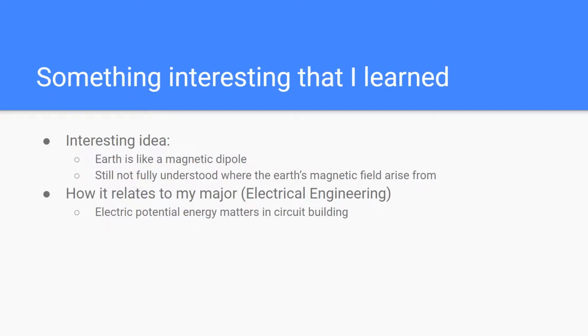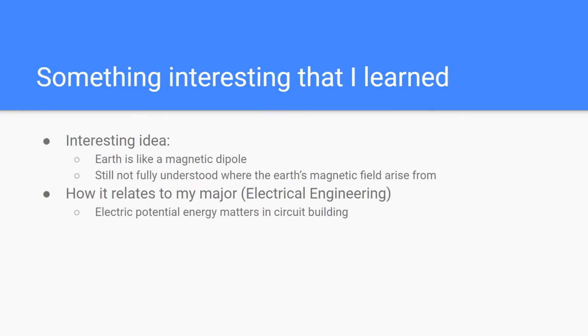Something interesting that I learned is that Earth is also like a magnetic dipole, but the Earth's magnetic dipole is not fully understood and we don't know where its magnetic field arises from. And obviously Earth does not have a bar magnet embedded inside creating this dipole magnetic field. So that was interesting.